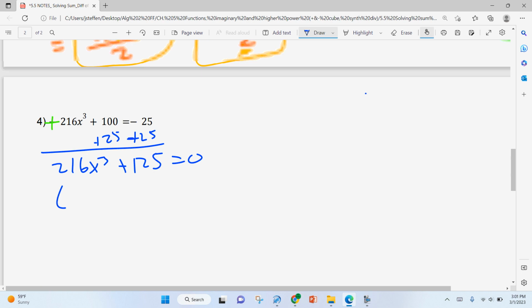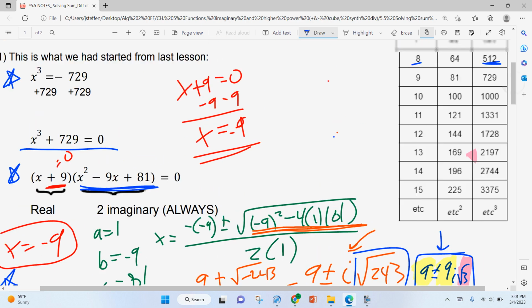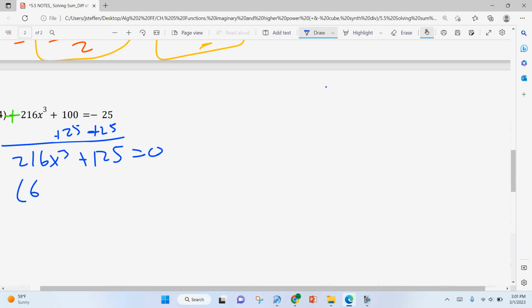So 216, got to go higher, is 6. 6x to the third, and 125 is 5. So that means your A is 6x, your B is 5.